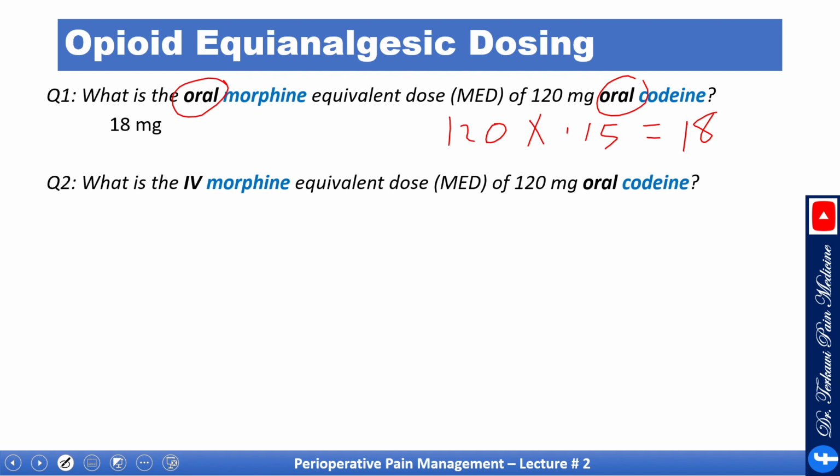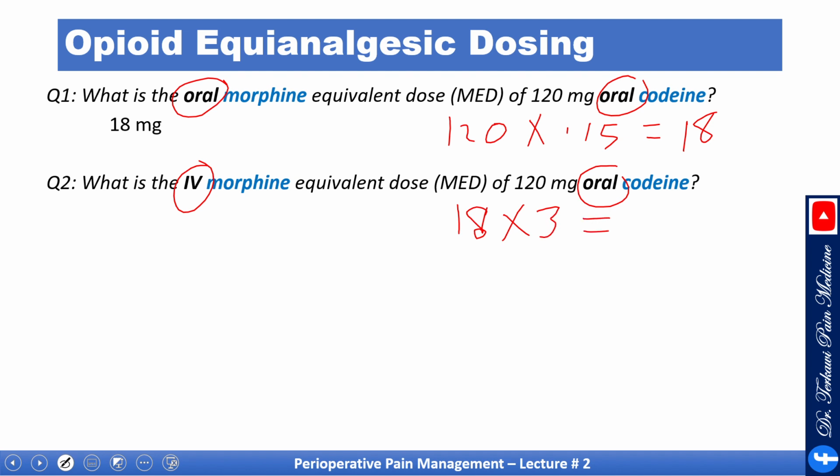Okay. Now, what is the IV morphine equivalent dose of 120 milligram oral codeine? Now, notice we have IV here, we have oral here. The good news, we already have the oral equivalent of morphine from the question before, so that's 18. So I need to convert this 18 oral morphine to IV. So I need to multiply. And the number is 3, the factor is 3.